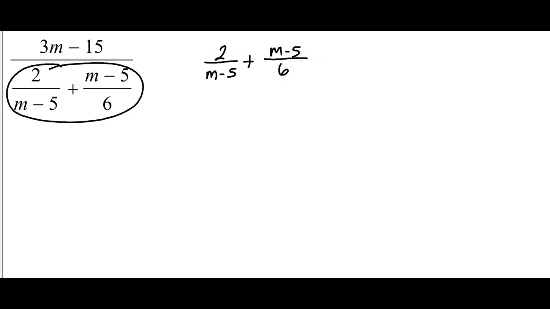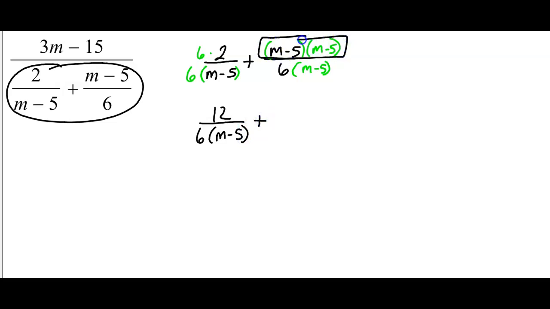We need to get a common denominator. So I'm going to multiply this side by 6 on the top and bottom. And I'm going to multiply this side by an m minus 5 on the top and bottom. That way they have the same denominator. So we have 12 over 6 times m minus 5. Plus, we'll have to do a box method for that.